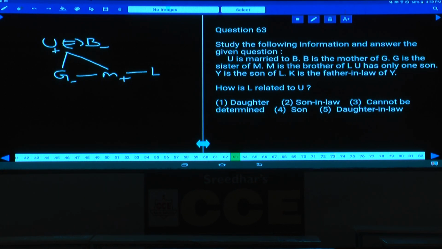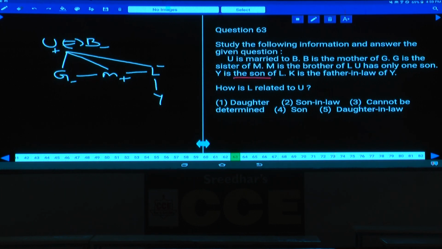Y is the son of L. These three persons are siblings to each other, and this L must be a female.